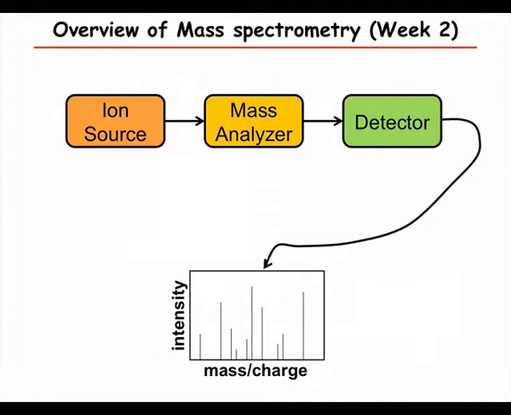We're going to talk about the different types of ion sources and different types of mass analyzers. The reason why we go into this technical detail is that when you do the experiments, it's important to know what the limitations are when you make different choices here.